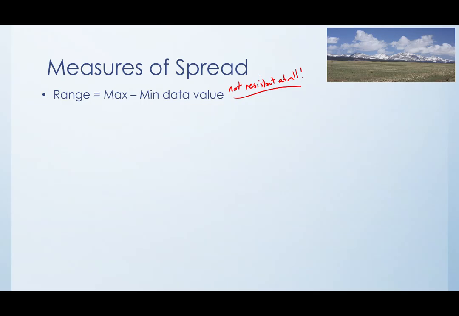So if you have skewness, your range all of a sudden gets much bigger, or if you've got an outlier, you might have all your data right together, and then that one outlier, and the range is going to be huge, but the vast majority of your data is very consistent. That's not representative of the data.